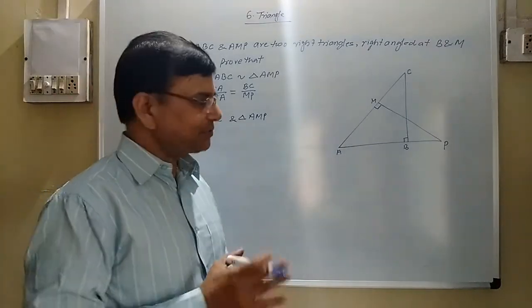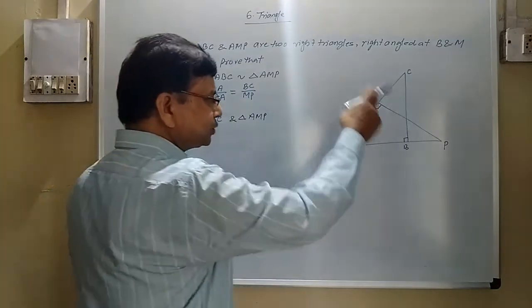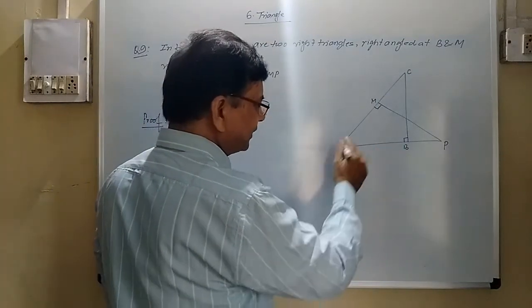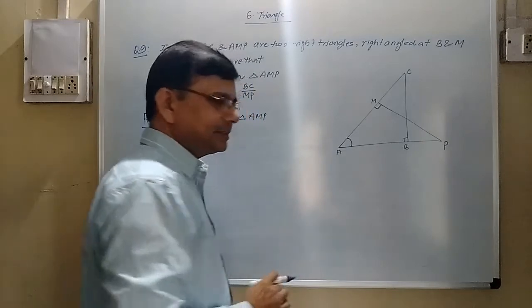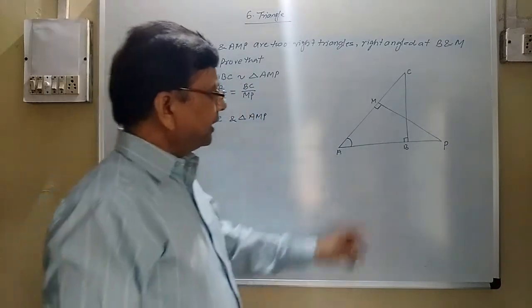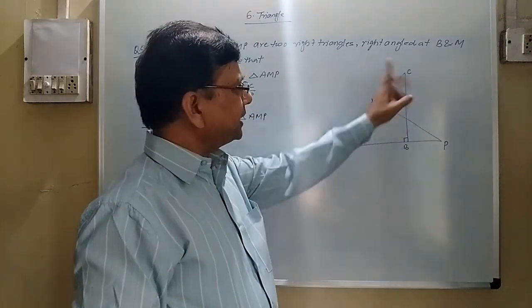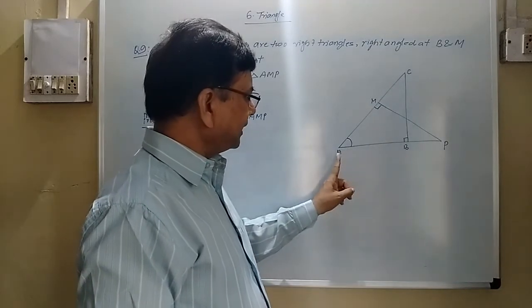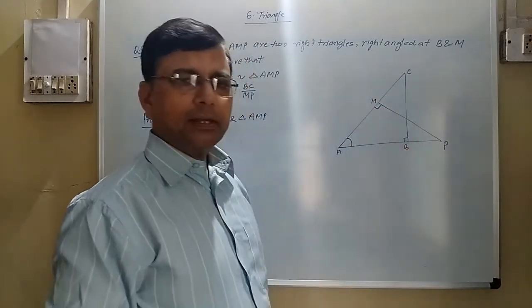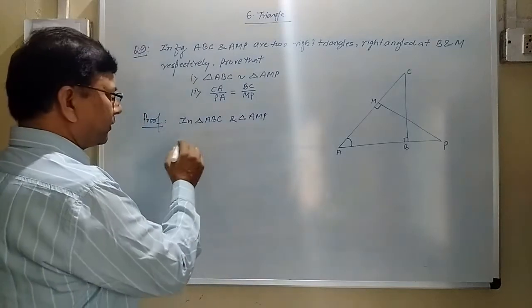So we will see which property can be used. In these two triangles, what do we observe? Angle ABC is 90 degrees and angle AMP is 90 degrees.